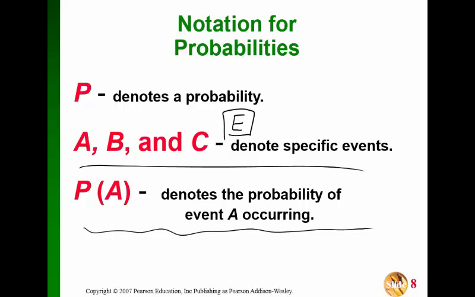So, in our example of tossing a coin, your sample space is, with curly brackets because it's usually denoted by a set, H and T. So instead of saying, let's say the event that I get a heads is A, why don't I just say H for the event that I get a heads?